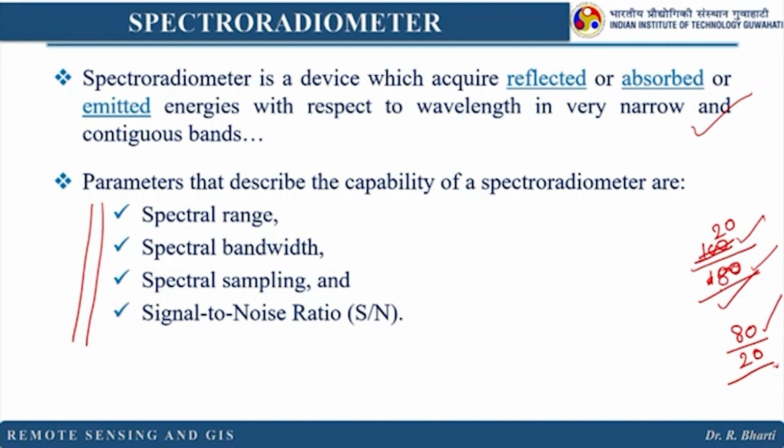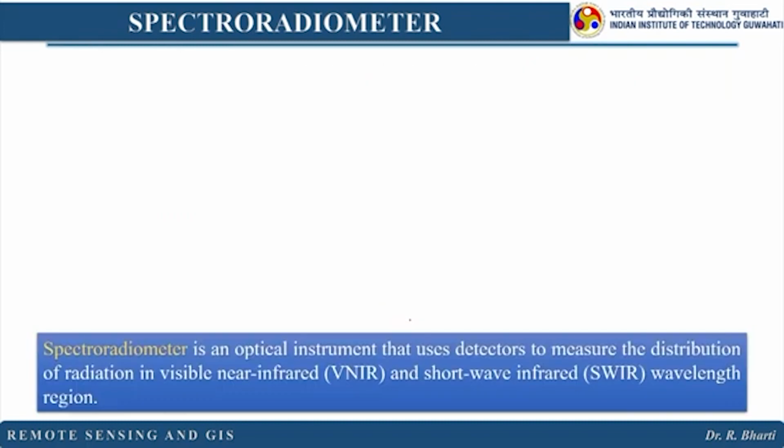These 4 or 5 parameters are used for any given spectroradiometer to define their capabilities or strength, whether they are capable of identifying the material information across the wavelength and what quality of information you will get.